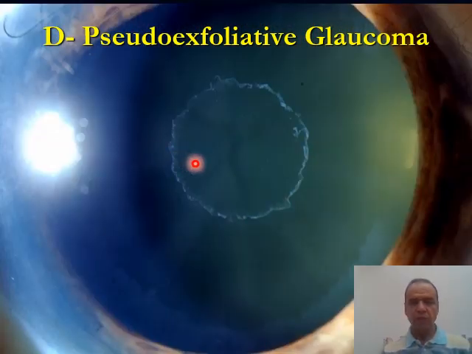If we dilate the pupil of a patient with pseudoexfoliative glaucoma or syndrome with topical medication, this is the maximum dilatation of the pupil with medication. So we can see two rings. This one is the inner ring and the other one is the continuous outer ring.